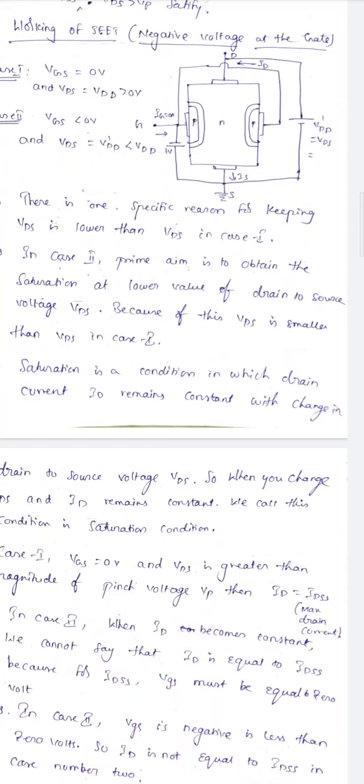Whatever voltage is applied between drain and source in case 1 will be greater than the VDS in case 2. So we can get the saturation current ID much earlier in case 2 than in case 1. This is what I am trying to explain.